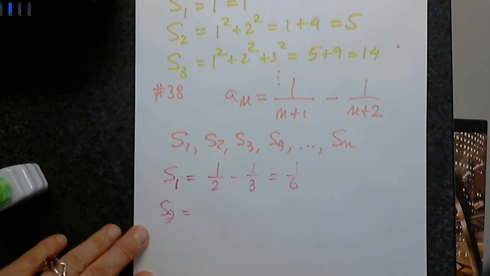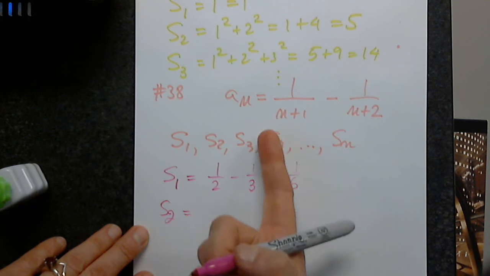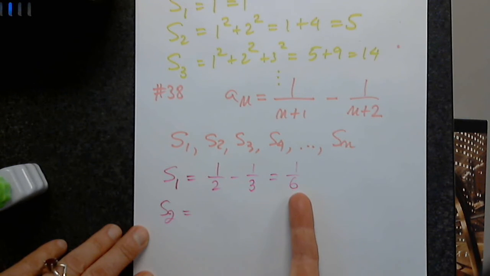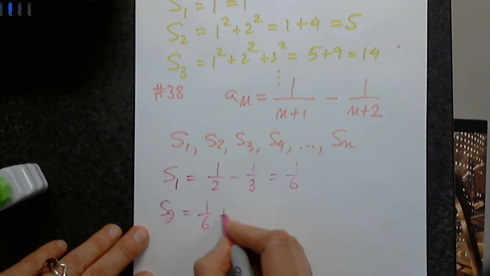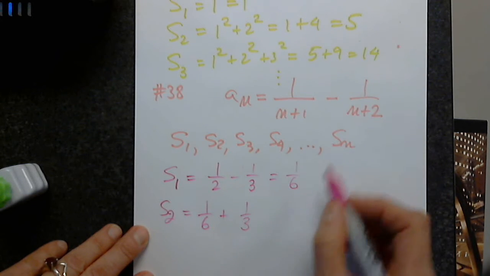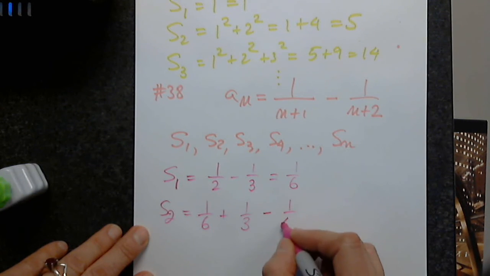S2 is S1 plus the next term, right? Plus A2. So I already have it, 1/6, plus, now when n is 2, 1/3 minus 1/4.